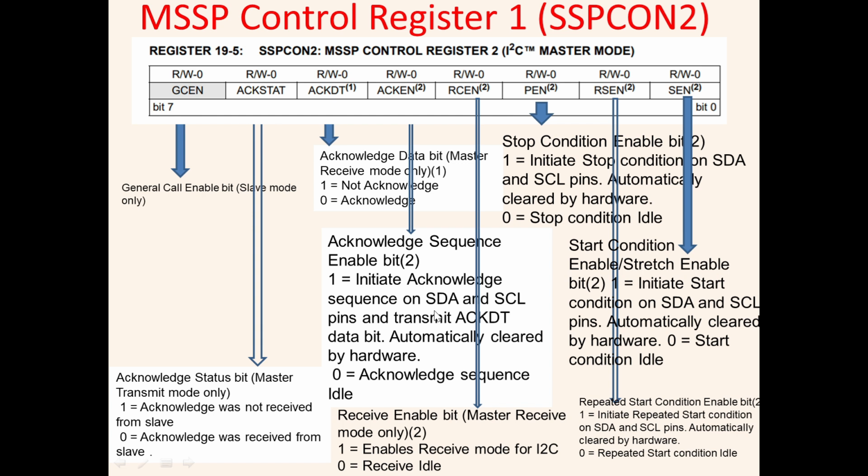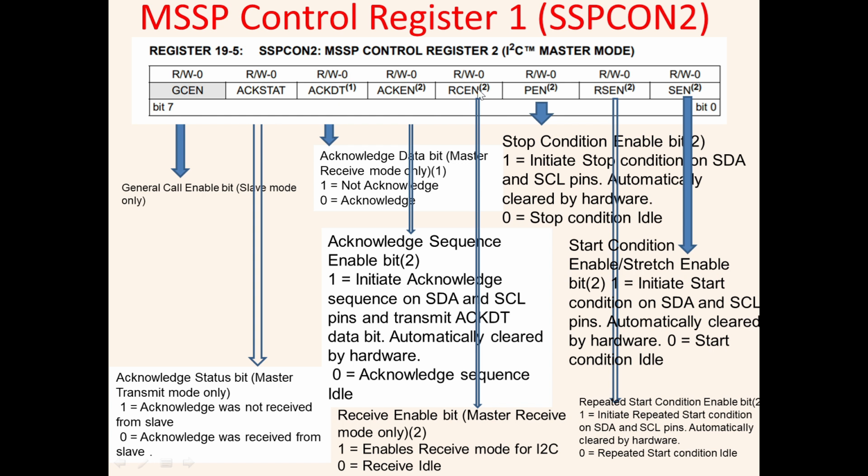If you have disabled this bit, then the acknowledgement sequence will be considered idle. So this is the indication by which you can judge whether all the acknowledgements are received on the SDA and SCL pins or not, along with the acknowledge DT bit.